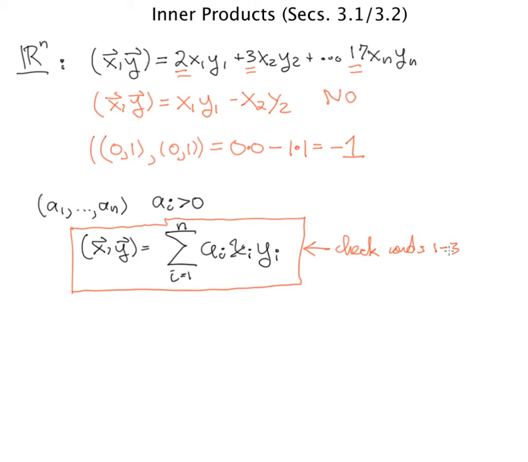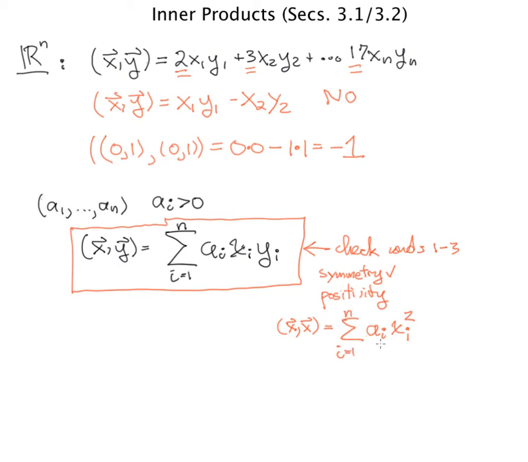So let's see, condition 2, the symmetry, is obvious. If you switch x and y, you clearly get the same thing. And the positive definiteness, condition 3, is also easy because (x, x) is the summation of ai xi squared.